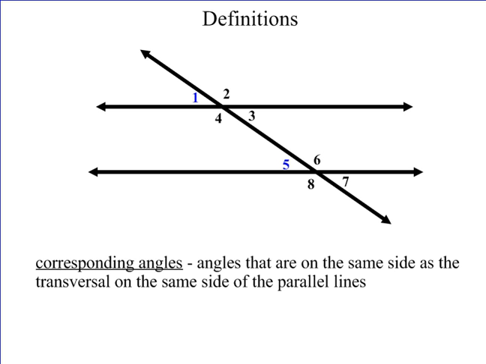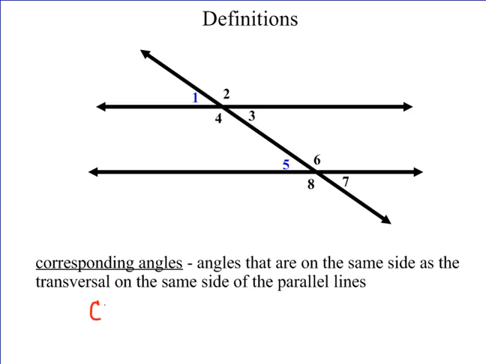First off, we have what we call corresponding angles. Corresponding angles are angles that are congruent to each other. I'll write that word here, congruent. The word congruent means equal. So we're going to take things that match up.